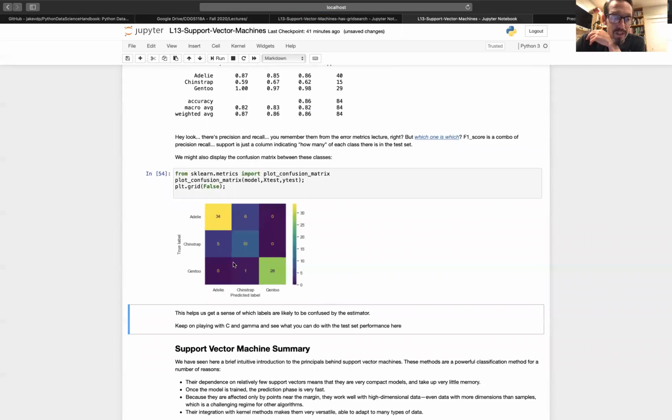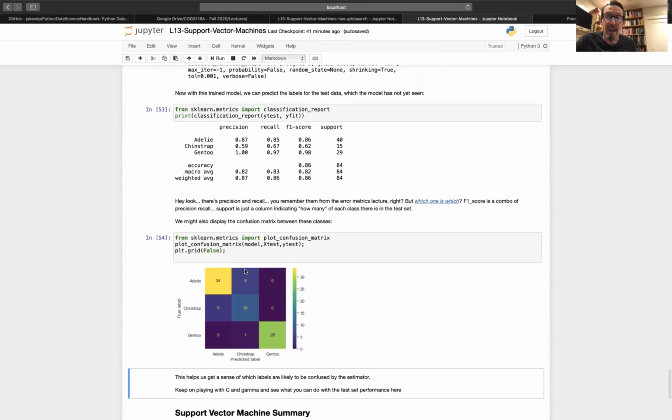And there's some confusion back and forth there, right? Most of the chinstraps were correctly labeled chinstraps, but a third of them, almost 5 out of 15, were accidentally labeled as Adelies. So Adelies and chinstraps are more easily confused with each other, and they were never confused with the Gentoos really, except once.